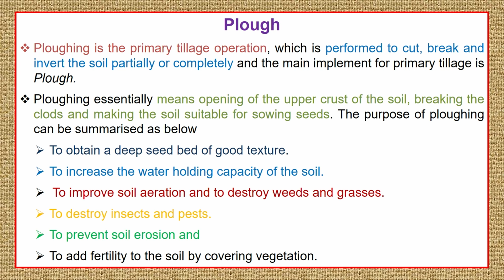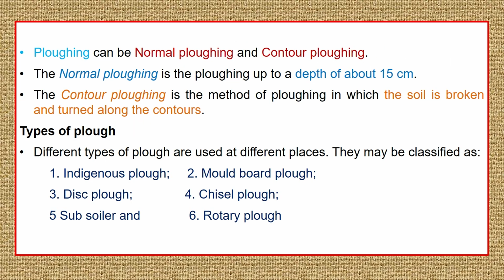Ploughing is done to obtain a deep seed bed of good texture, to increase the water holding and absorption capacity of the soil, to improve soil aeration, to destroy weeds and grass, to destroy soil-borne insect pests breeding in the soil, to prevent soil erosion, and to add fertility to the soil by covering vegetation. So the purpose of ploughing is also the objectives of tillage in most cases.